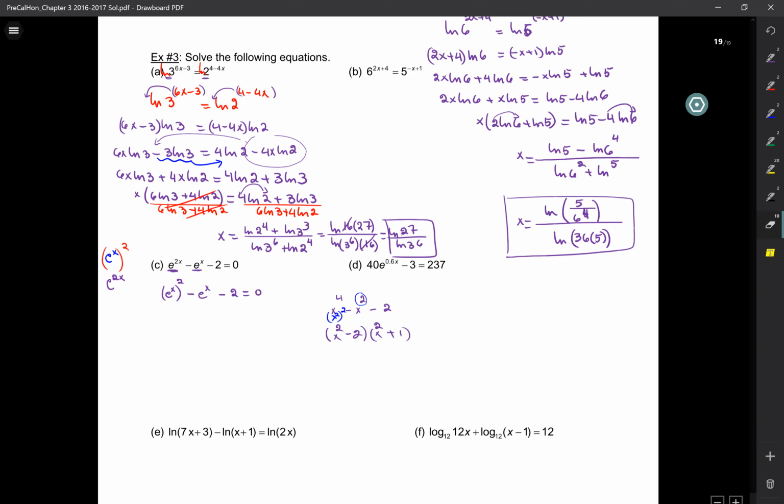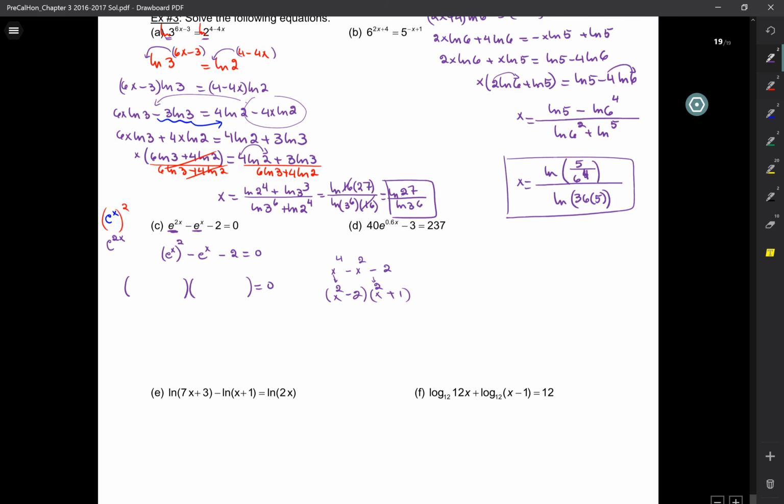Now, just like I did here, when this was x to the 4 minus x squared, when I factor, I take the square root, x squared, and x squared. So let's factor that. Everything can reduce to quadratic form, right? All right, if I have e to the x squared, what's the square root of e to the x squared?